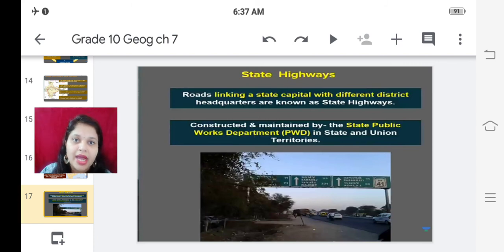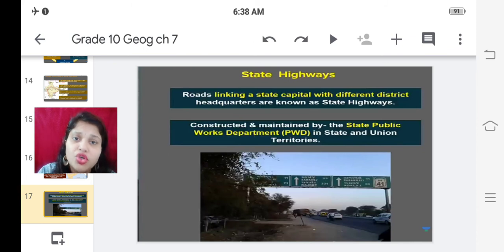If super highways connect mega cities of our country and national highways connect extreme points or extreme cities of our country, so what do state highways do? Obviously they are constructed from one district to another district of a state, right? So roads linking a state capital with different district headquarters are known as state highways.